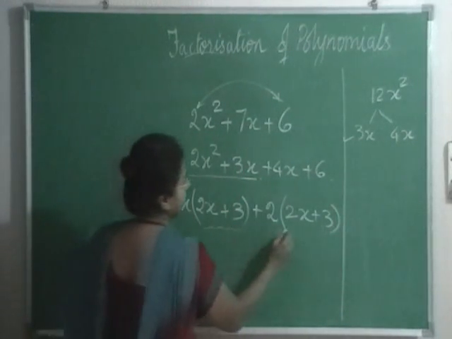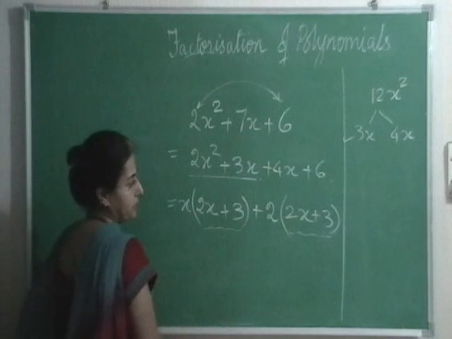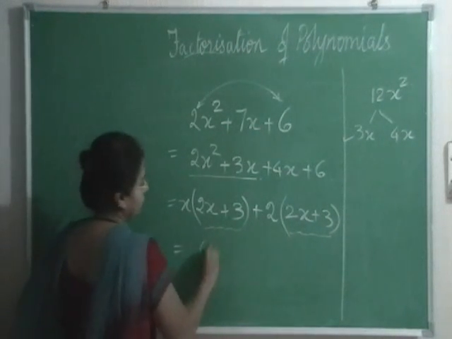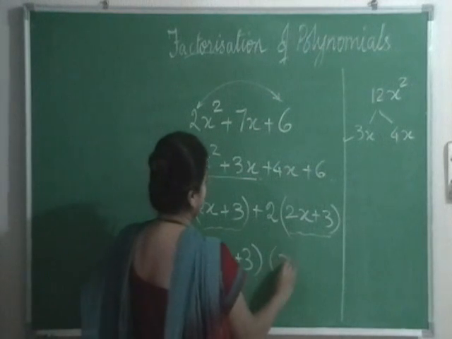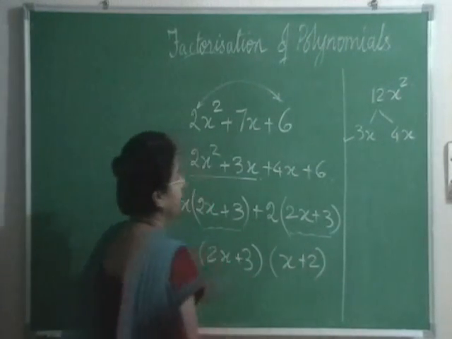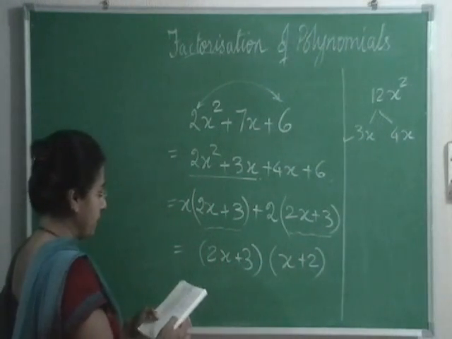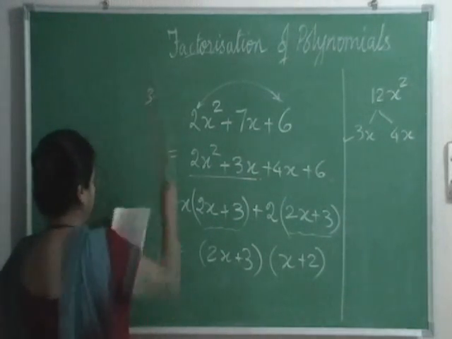Again see this bracket and this bracket are exactly the same. So your factors are 2x plus 3, x plus 2. This is example number 3.